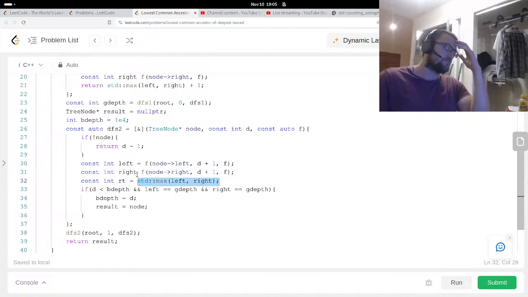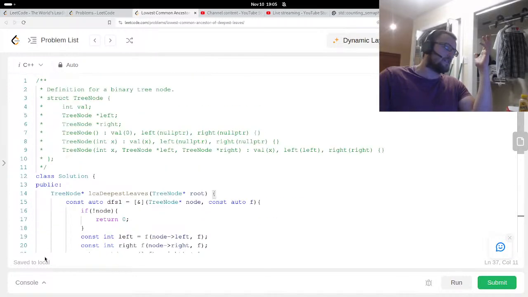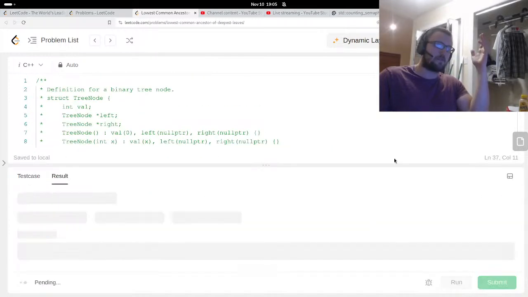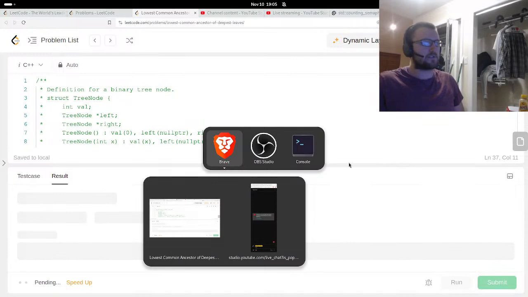Okay. Now, if the left and right side both have the greatest depth of 3, and my current depth, which would be a 1, is less than the best depth, which is a sentinel value initially, I've got to update my result to this particular node and update the depth. It's something like this. It's a bit complicated, quite frankly, but I think something along these lines works.